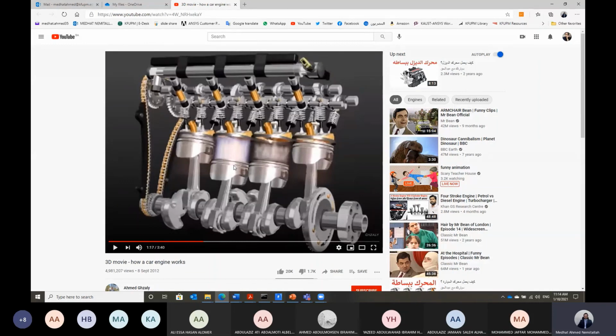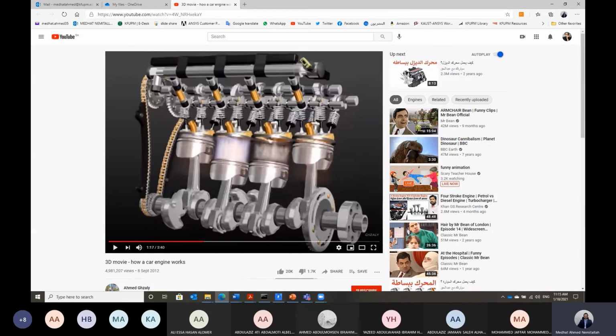That means the crankshaft has 2 revolutions for each 4-stroke cycle, but the intake valve should open only 1 time. That means the camshaft should rotate at half the speed of the crankshaft, so it has only 1 revolution for each 4-stroke cycle, while the crankshaft has 2 revolutions.